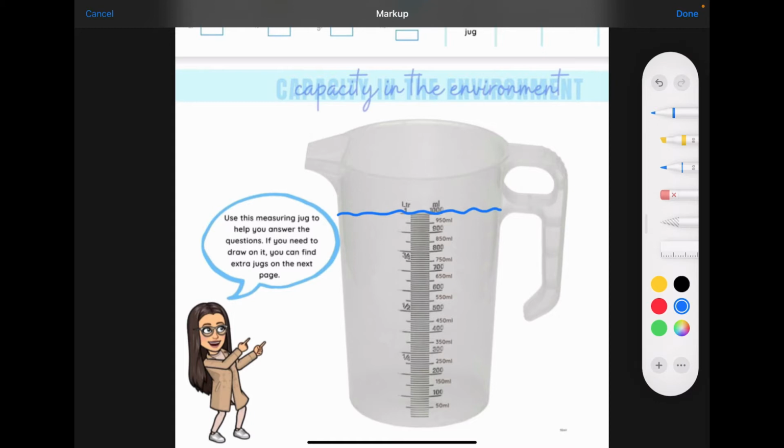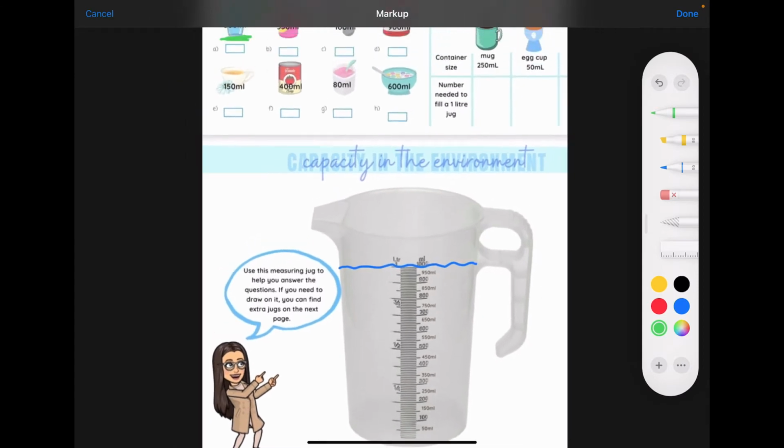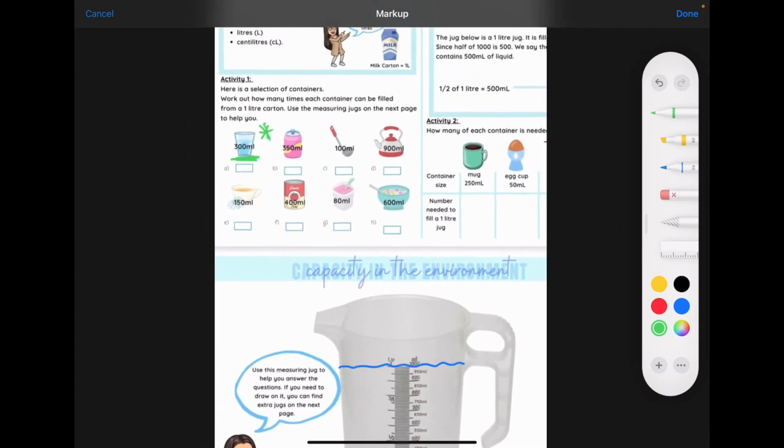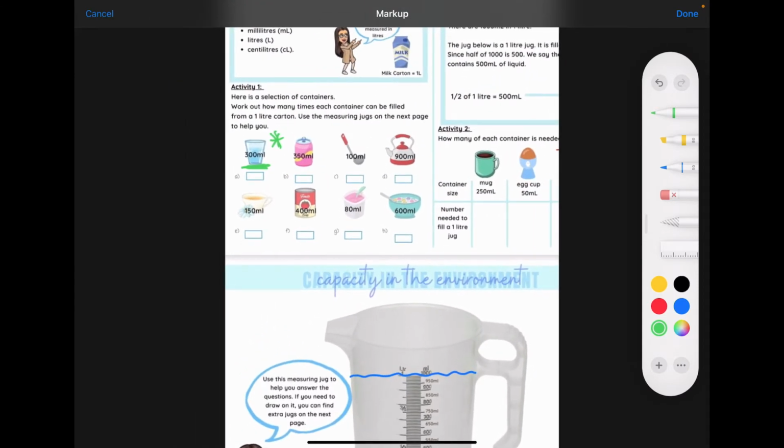Now, this is really important to know because if you are hosting a party or a sporting competition or anything where you need to make sure that people are getting a drink, then if you bought cups that could only hold a capacity of 300 mils and you had drink bottles or soft drink or apple juice that held a capacity of 1 litre, you'd be able to figure out how many people you could serve with that 1 litre jug of water.